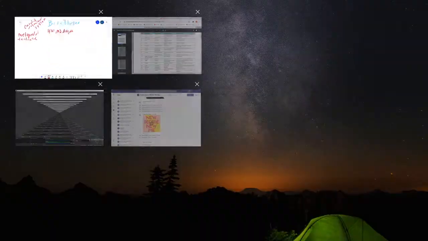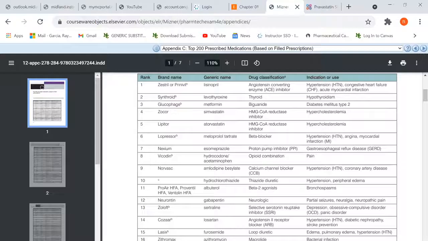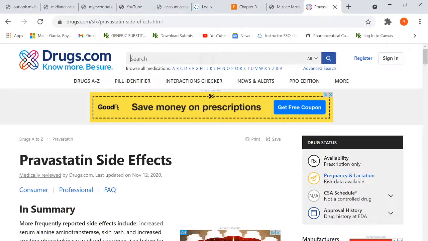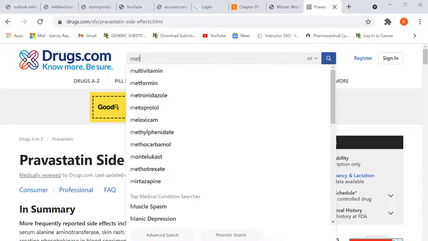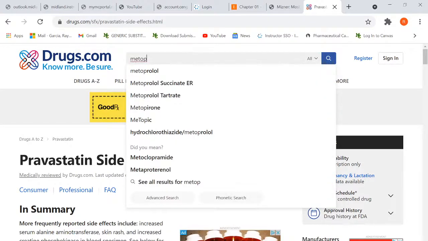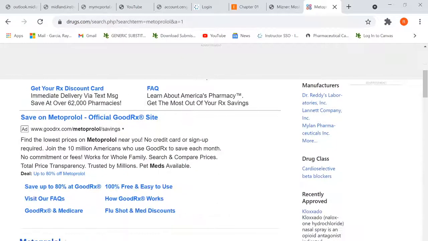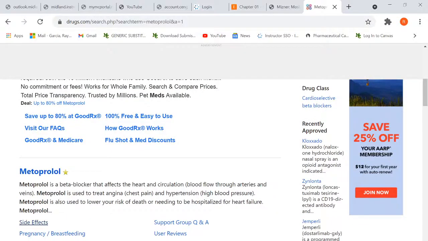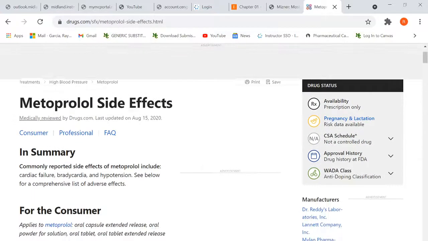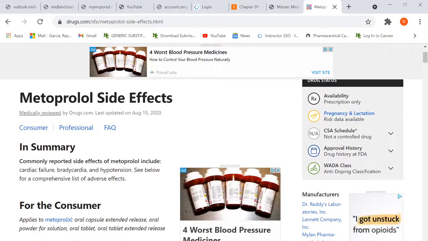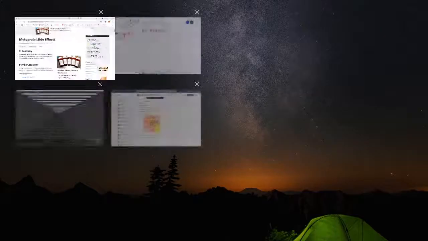Let's look at the side effects. Cardiac failure, bradycardia, slowing down the heart rate, hypotension, slowing down again. Cardiac failure, bradycardia, hypotension.